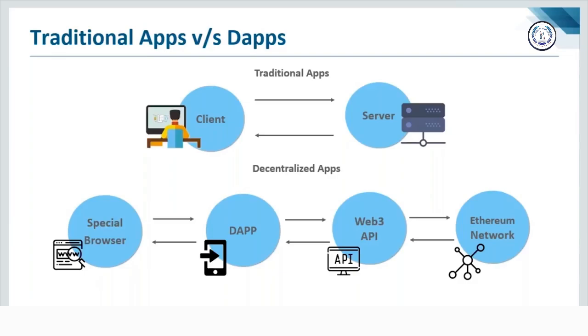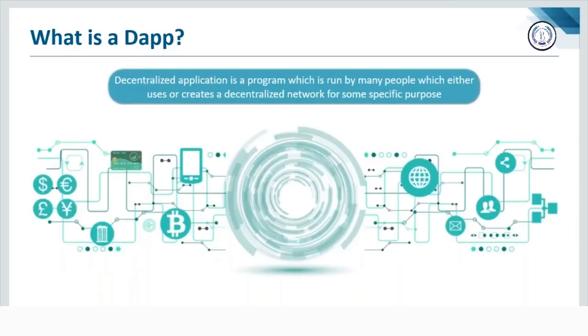So what exactly is a decentralized application? A decentralized application is a program which is run by many people, which either uses or creates a decentralized network for some specific purpose. For example, connecting buyers and sellers in some marketplace, sharing files, online file storage, or maintaining a currency. Ethereum-based decentralized applications are called dApps, which stands for Decentralized Applications.